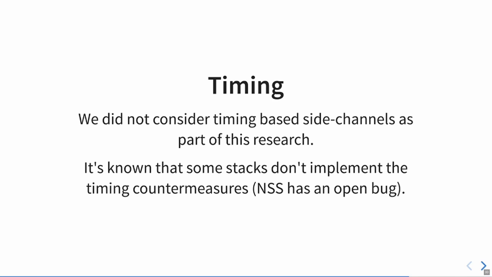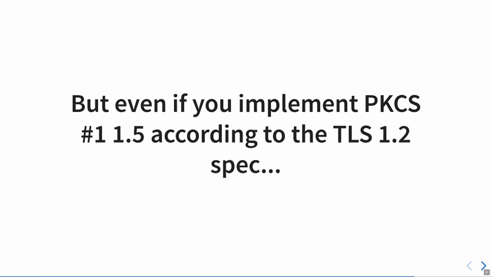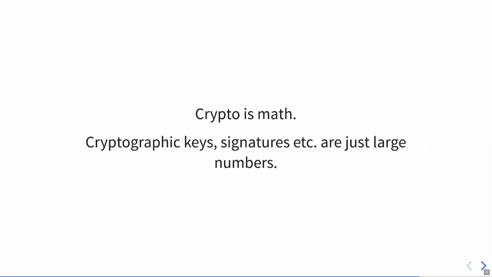But then we learned something: even if you implement the specification from TLS 1.2, which should protect you against timing attacks, you may still have a problem. And that comes back to this, that crypto is just math.